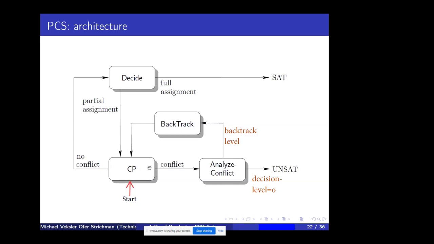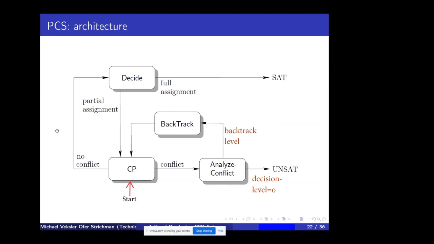Suppose that you actually hit a conflict, then you analyze this conflict. If the conflict occurred at decision level 0, which means that it does not depend on any decision, then you're done, because you just discovered a contradiction in the formula. Otherwise, you compute a backtrack level and you go back to constraint propagation. Anybody who's familiar with CDCL knows that this is the basic structure of how SAT solvers work these days.